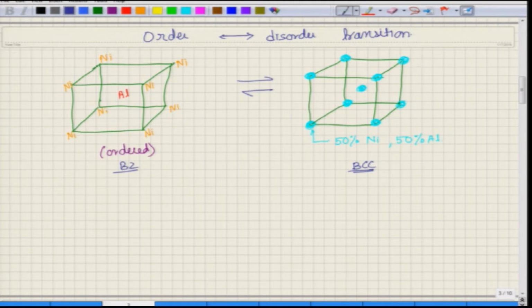It can go anywhere, only that since the overall stoichiometry is 1:1, each of these atoms has a probability of 50% of being nickel, 50% being aluminum, and therefore, there is no set order that next to this atom you will find another atom. It can be continuous. Probability wise, you can have a continuous set of nickel atoms at one place, and a continuous set of aluminum atoms at another place. And like I said, this will be called disordered.